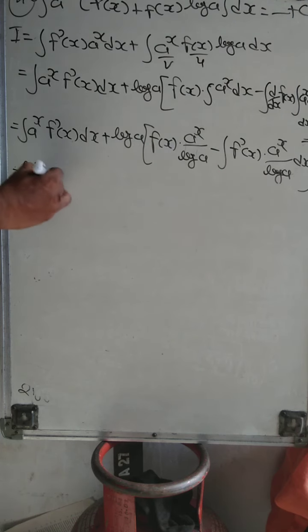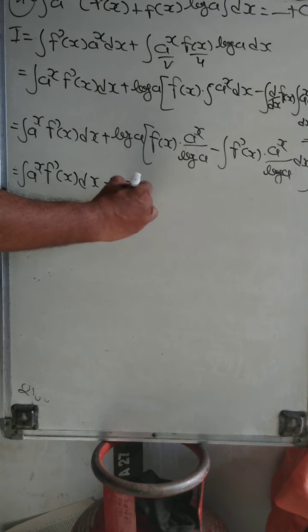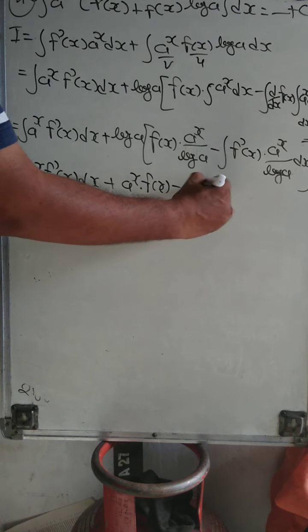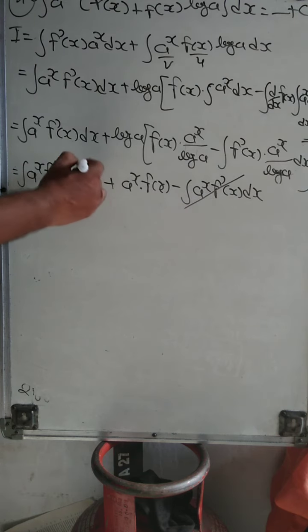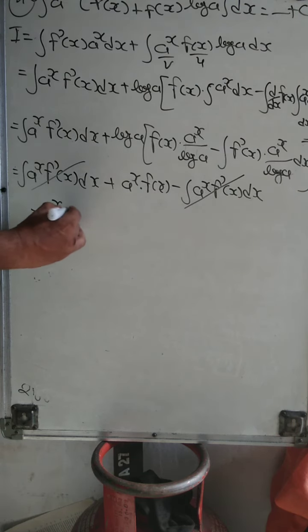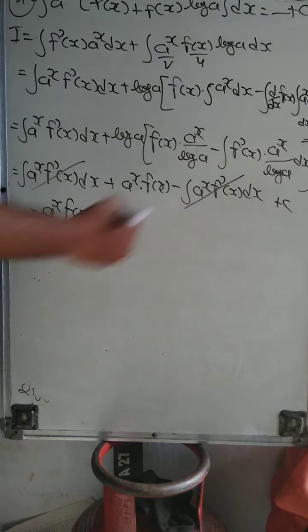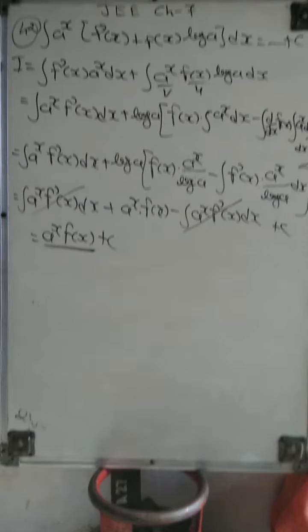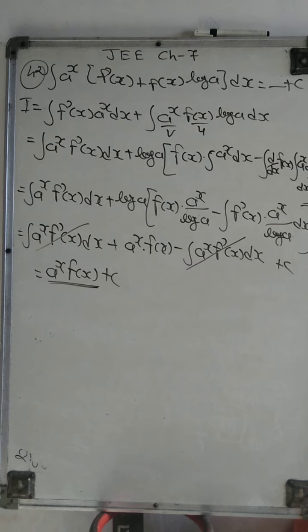Then we have a raised to x f dash x dx plus a raised to x into fx minus integration a raised to x f dash x dx, right? And these two are removed, so we get a raised to x fx plus c. So our answer is a raised to x fx plus c, right? So this way we can find our answer very easily. Now we go for the next one, 43 sum.